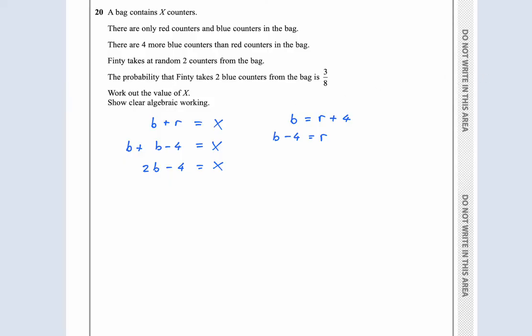Okay, now you could draw a tree diagram here, guys. And I can do this and this, blue and red, and this is blue and red, and this is blue and red. But the only thing I care about is the blue, because he tells me the probability he takes 2 blue is 3 out of 8.